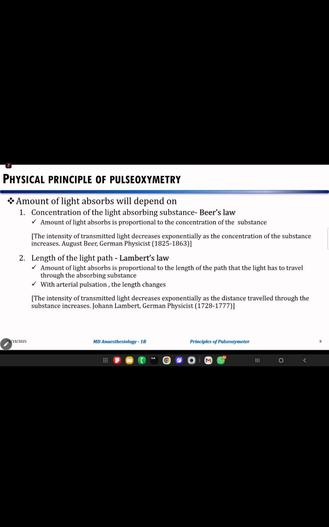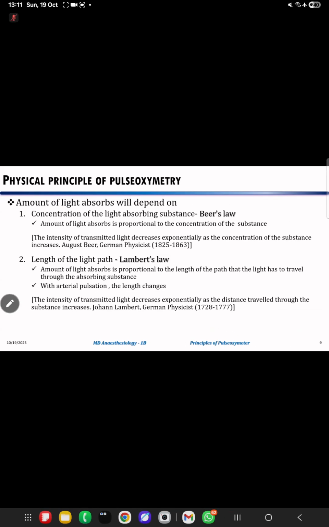And when you come to Lambert's law, it is basically about the length of the light path. It says the amount of light absorbed is proportional to the length of the path that the light has to travel through the absorbing substance. So with arterial pulsation, during systole the artery will expand, increasing the length, and during diastole the arteries will constrict, reducing the length.